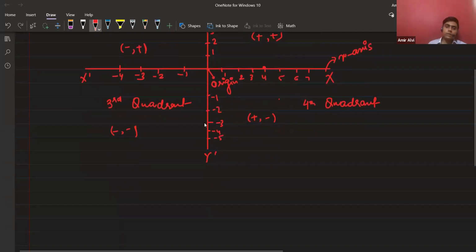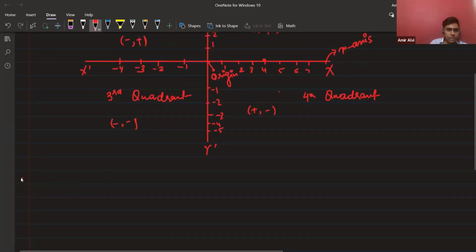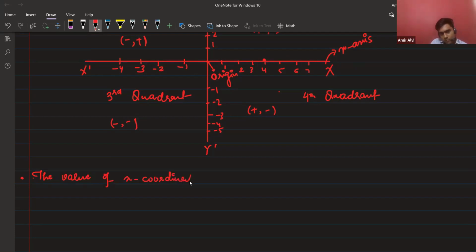So basically, Simrat, the value of x is called abscissa.